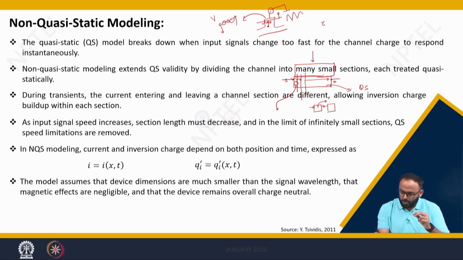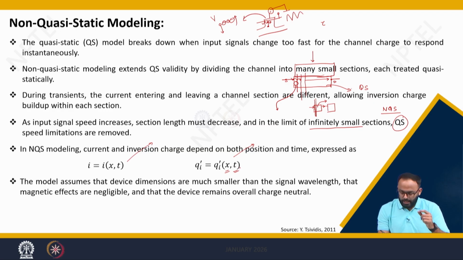To avoid this problem, we need to make sure the subsection length is infinitely small, and only then can the non-quasi-static operation be mimicked as quasi-static operation, and we can apply the equations we have derived so far under quasi-static operation. In this condition, the current and the charge going through this surface will be a function of position as well as time.